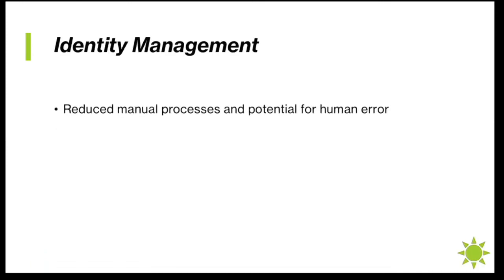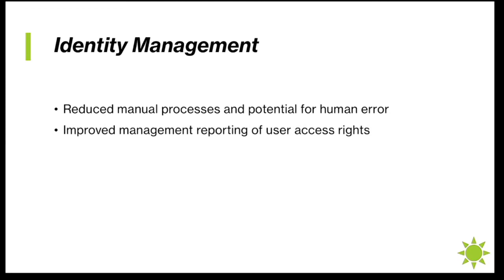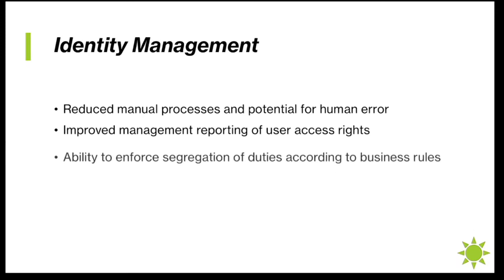Next, identity management. It's the process used to determine who has access to what in an organization. Identity management should be automated so that there is reduced manual process and potential for human error. There is improved management reporting of user access rights.